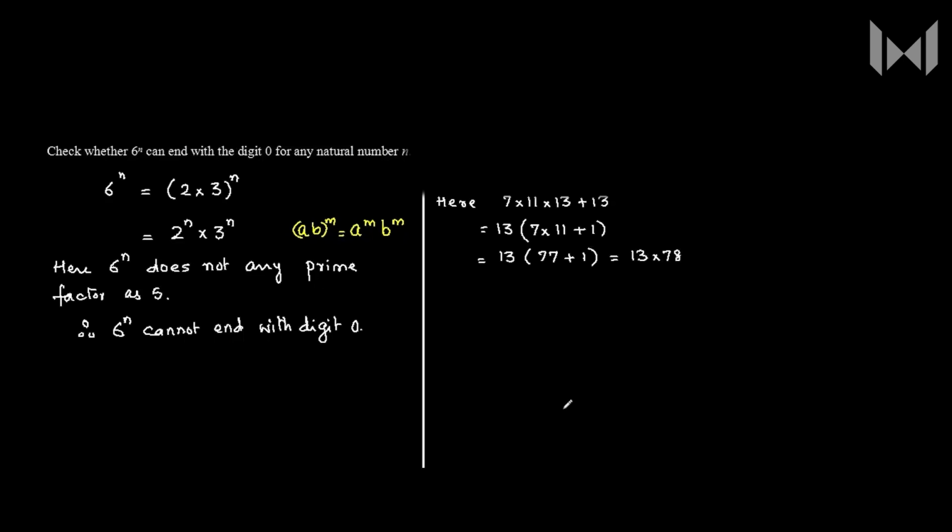That means the number which is given as 7 into 11 into 13 plus 13 can be written as 13 into 78, which is a product of two numbers, and therefore 7 into 11 into 13 plus 13 is a composite number.